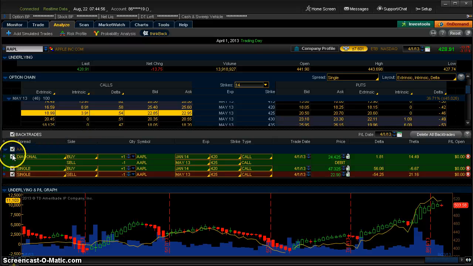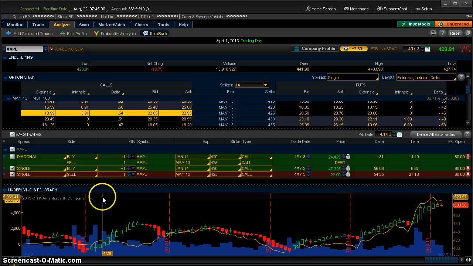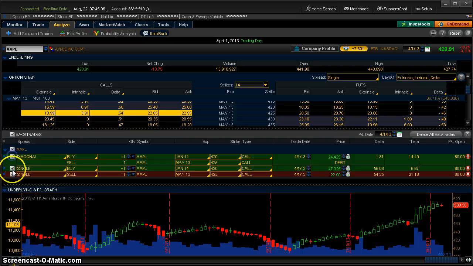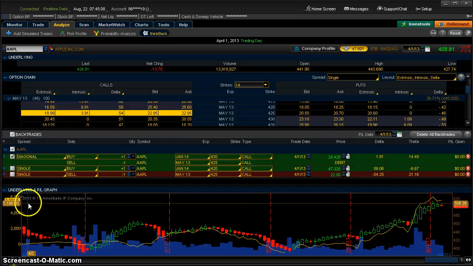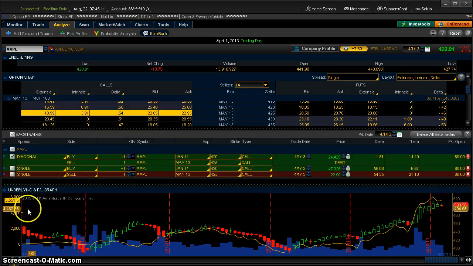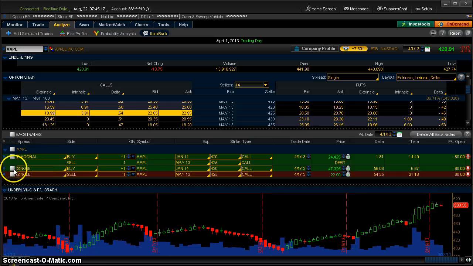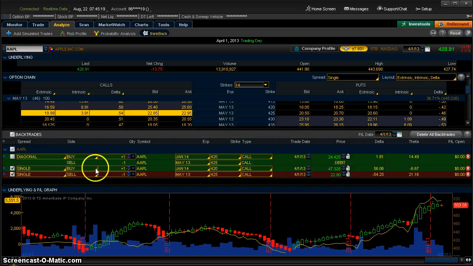Okay, so those are on the graph. Let me take the other two off, and I should end up with the same at the end. Let's see, 55.51, 55.51. So it works, huh? Anyway, let's put these individual ones on here.